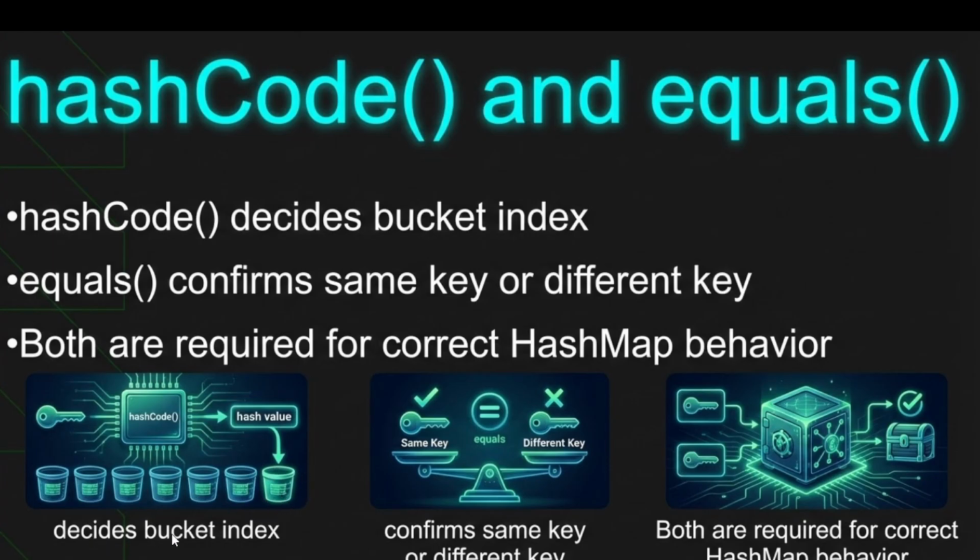So it decides the bucket index, and the equals method will do the comparison between keys. Whether keys are the same or different, this comparison will be done by the equals method. Both are definitely required for correct HashMap behavior. So keep in mind hashCode and equals play a major role.